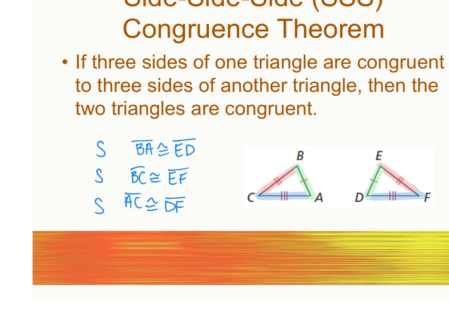That's another side. So as long as we've got three sides that are congruent, we can apply the side theorem for congruence and say that those two triangles are congruent to each other. Now, make sure you're very specific. You can't say that these two are congruent by the side angle side theorem, right? Because we aren't told any of the angles are congruent.